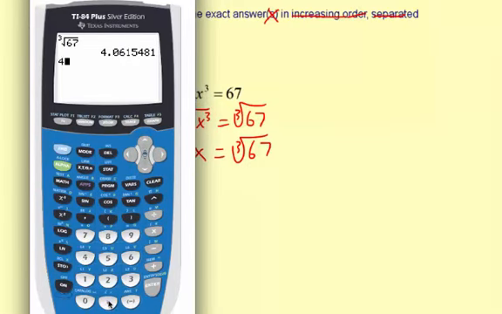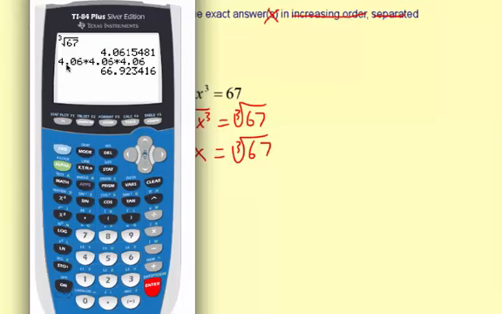So I'm going to show you, what if you do 4.06 times 4.06 times 4.06? You get 66.923 and so on and so forth, which is pretty close to 67, but not exact. Now this cube root of 67 is an irrational number.